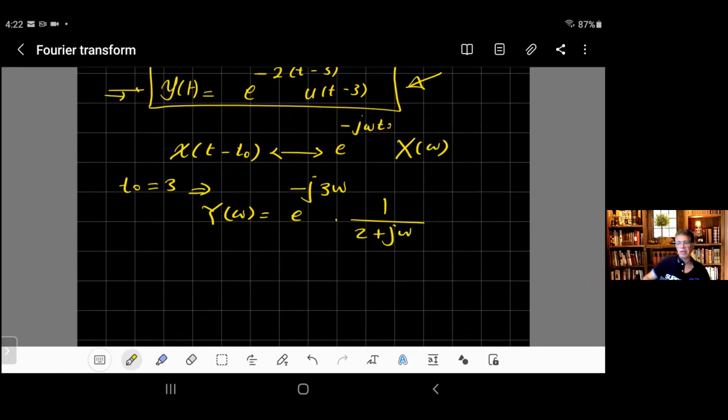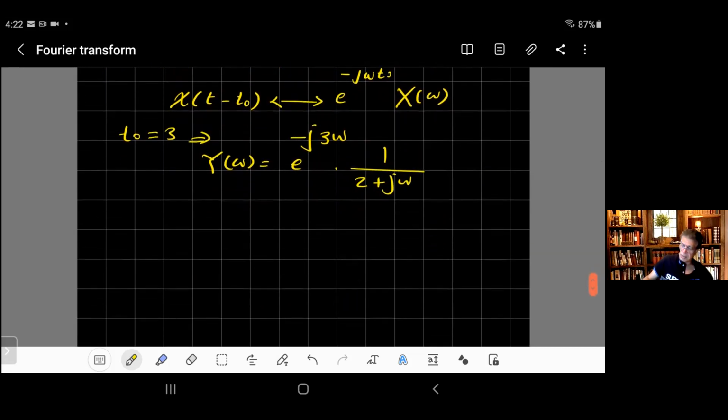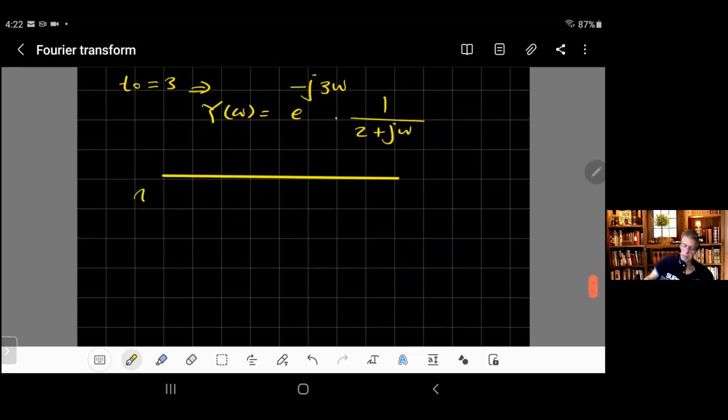We'll take a couple of them, because there are many, and I can't do all of them in one video. But I'm showing you how you can implement this. Let's say that we want to find Y of omega where y of t is defined as e to the power of 2t u of minus t.